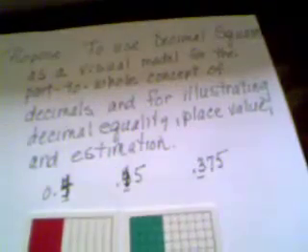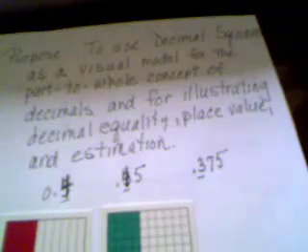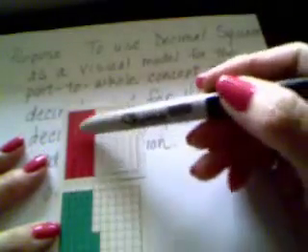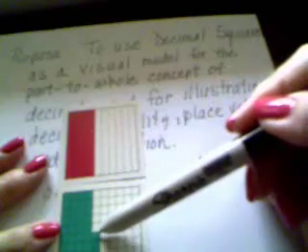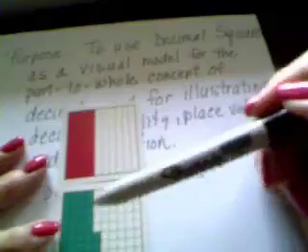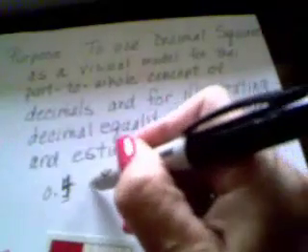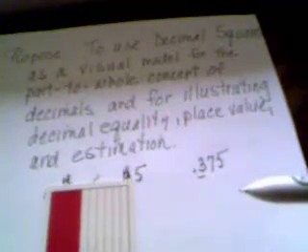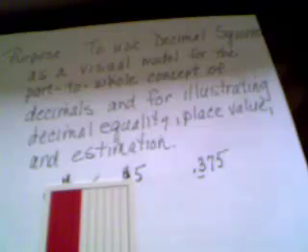And find 45 hundredths. So you can see that by comparing these two, it takes 40 hundredths to be 4/10, and then you have 5 hundredths more. So if I want to compare these, I would say that 4/10 is less than 45 hundredths. Now let's see if we can find 375 thousandths.